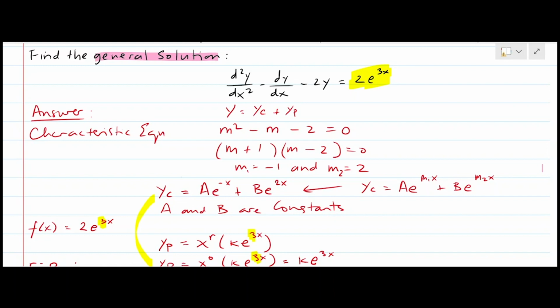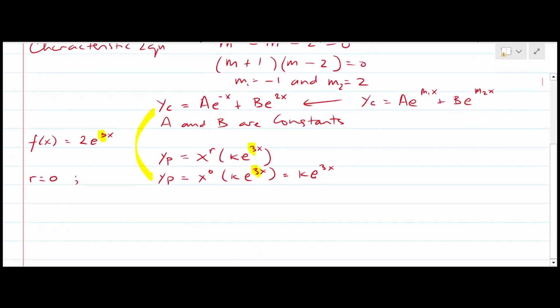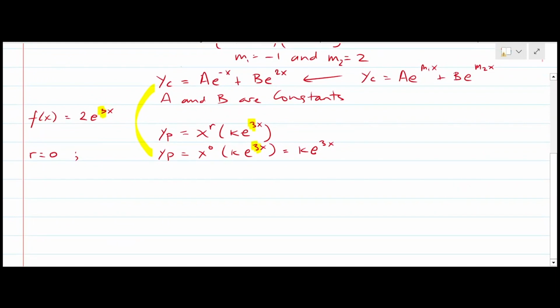We've done the general form of yc, and we found the particular integral yp to be k times e to the power of 3x, using r equals 0. Since there are no common terms in yc, we can proceed to find the first and second derivatives of yp.